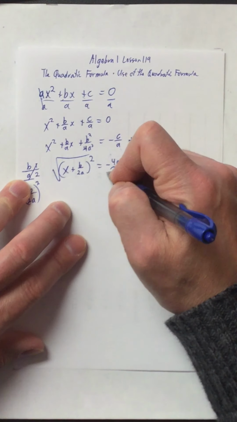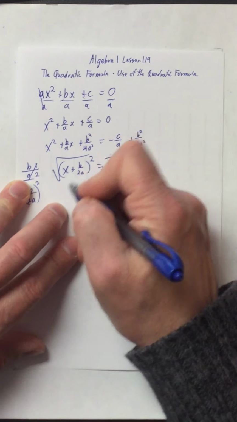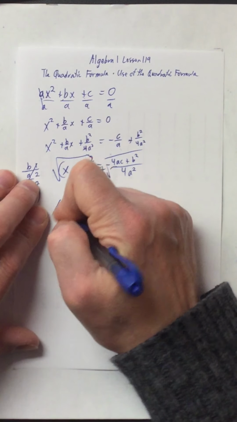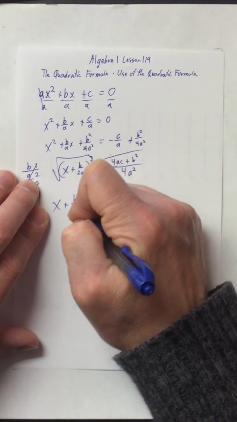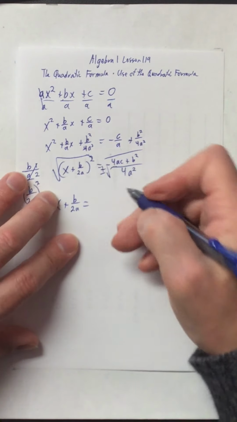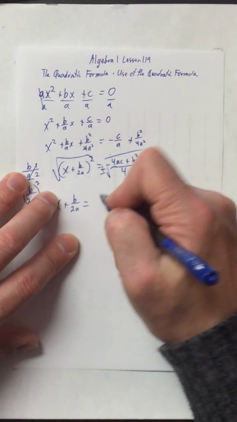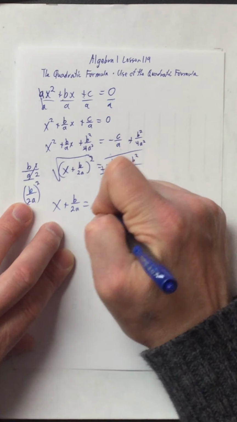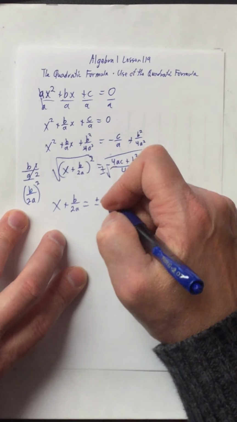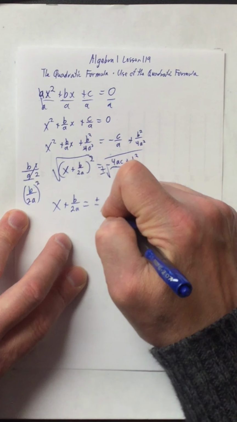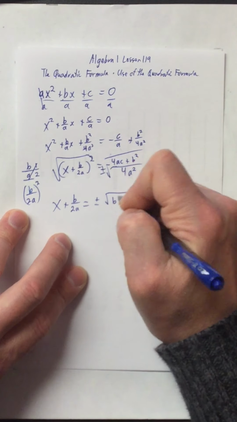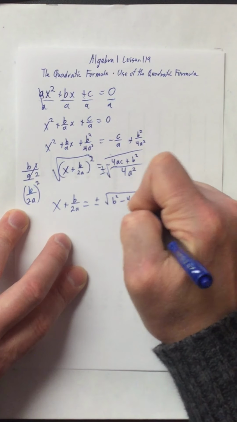Okay, so we're going to square root both sides, plus or minus. That's going to remove that square. So now we have x plus b over 2a is equal to the plus or minus square root of, I'm going to switch those because that's what they have in the book.